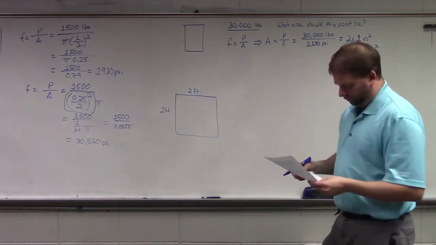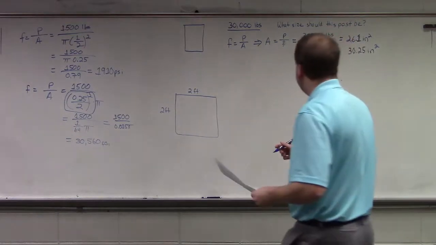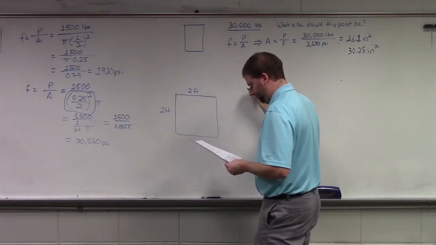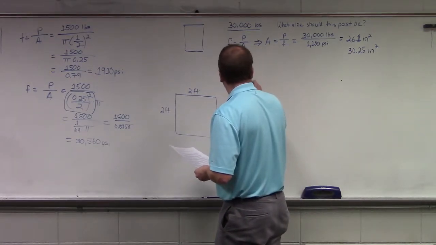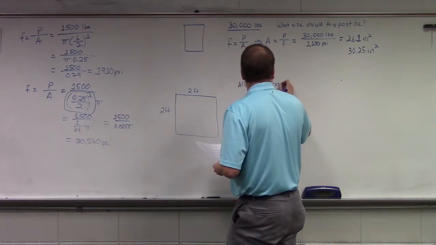When we flip over to page, what page did I say it was on? 49 or 59? 49. Page 49, our allowable stress for concrete is how much? 900 psi.